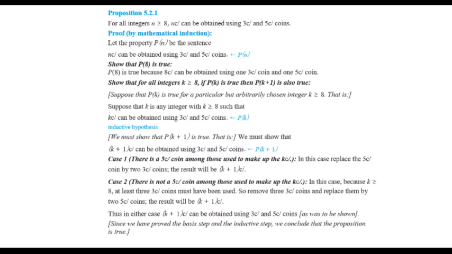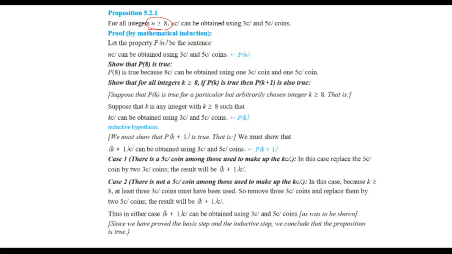To illustrate the method, let's see an example of the book, proposition 5.2.1, which says for all integers n greater than or equal to 8, n cents can be obtained using 3-cent and 5-cent coins. That's what we need to prove using mathematical induction.